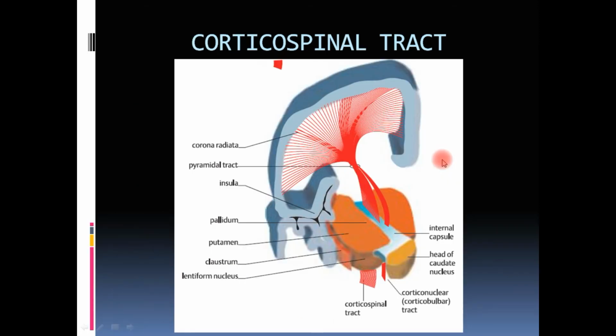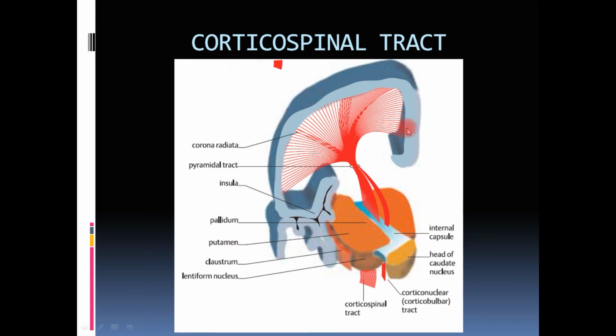Now coming to the corticospinal tract, as we have already studied, the corticospinal tract is one of the major descending tracts which arise from the motor cortex. It is part of the pyramidal system in the older classification, and in the newer classification it makes the major contribution to the lateral motor system.